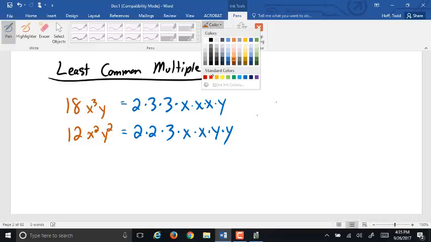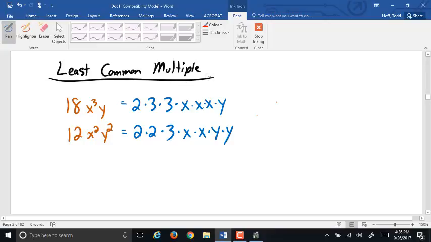We do look at what they have in common here. They both have a 2. They both have a 3. They both have an x and another x, and they both have a y. But then we also focus in on what they do not have in common.